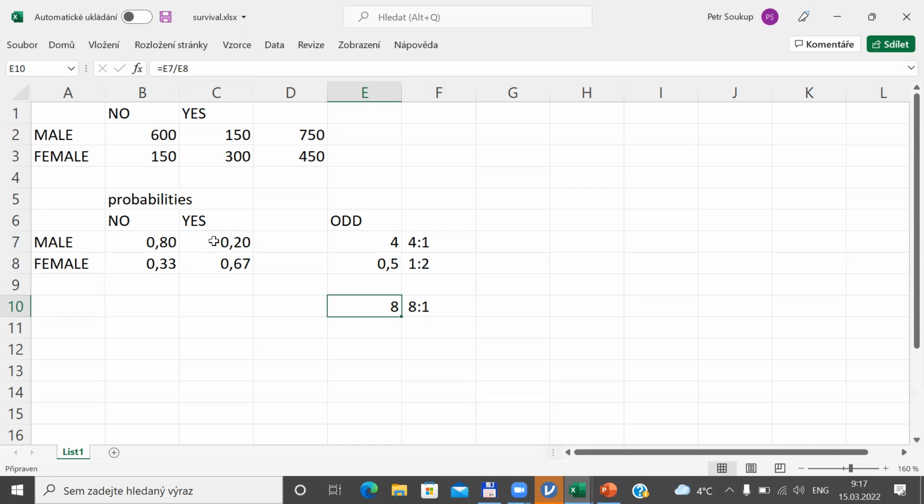And 1 for the odds ratio would mean that the probabilities to die or to survive for male or female were equal. So it means there is no relationship between gender and whether I'm dying or not. It would be an odds ratio of 1. In other words, in the logic of contingency table analysis, it would mean there is no relationship between variables if the odds ratio is 1.